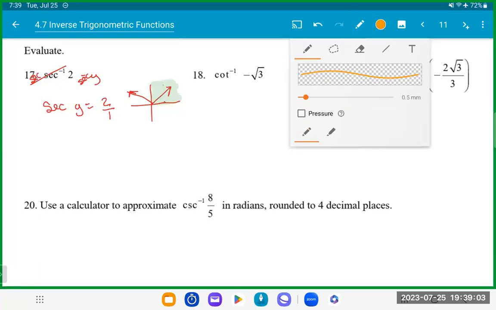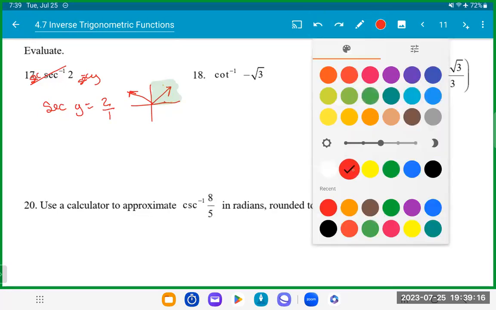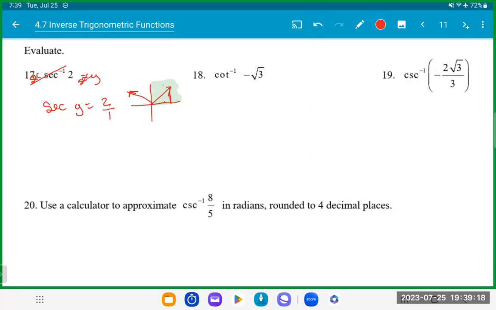And so here, my secant is 2 over 1. Remember, my secant is the reciprocal of my cosine. My cosine is my adjacent over hypotenuse.